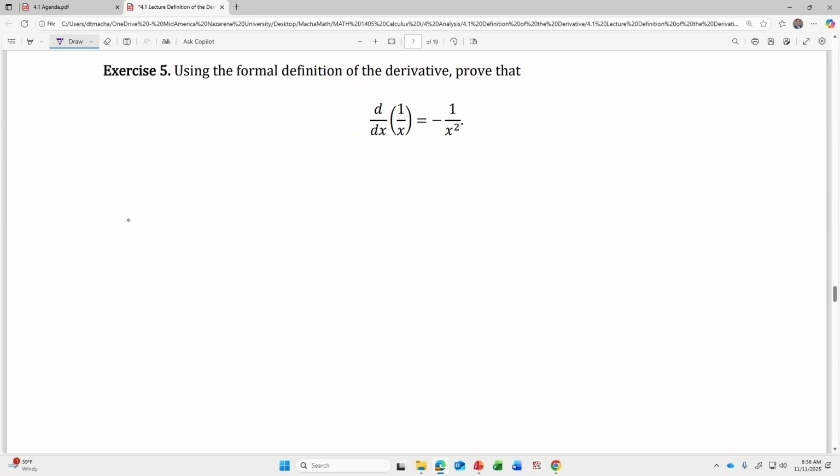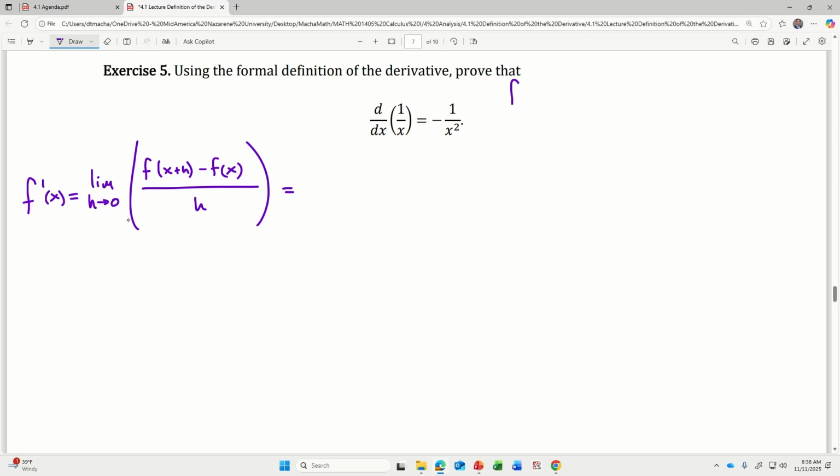Using the formal definition of the derivative, prove that. So this is exercise 5. This time we'll write down the formal definition of the derivative. f prime of x is equal to the limit as h approaches 0 of f of x plus h minus f of x, divided by h.